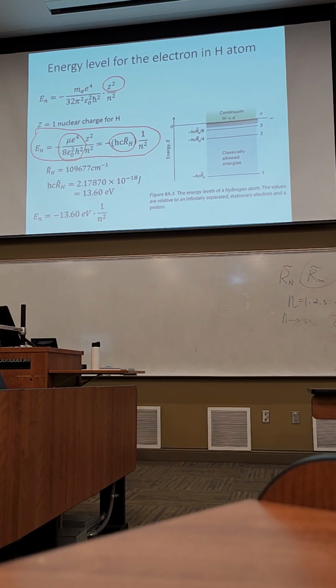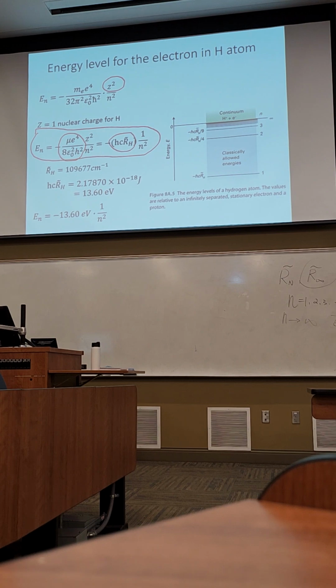Now if we have Z equal to 1, you're looking at the hydrogen atom system, or the electron in the hydrogen atom, right? So that's our system. Your particle is your electron in the hydrogen atom.